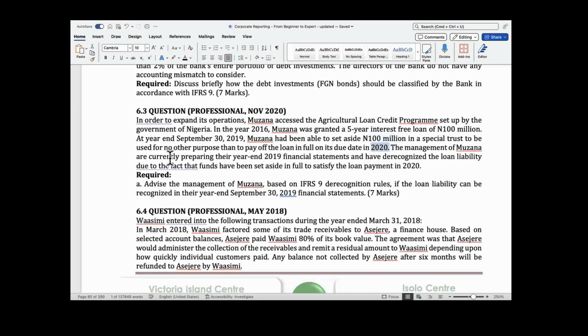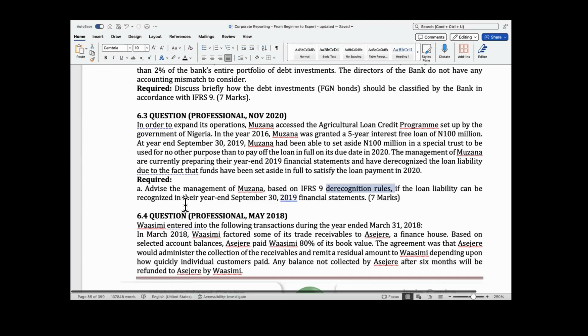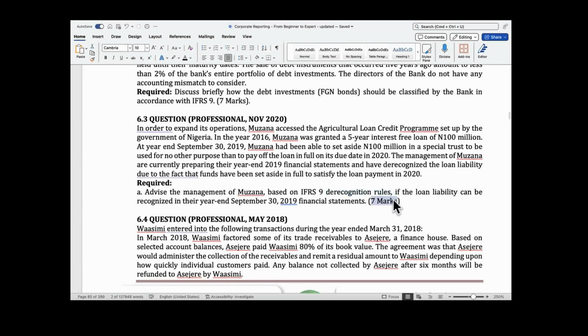The management of Muzana are currently preparing their year-end 2019 financial statement and have derecognized the loan liability due to the fact that funds have been set aside in full to satisfy the loan payment required in 2020. Advise the management of Muzana based on IFRS 9, the recognition rules, if the loan liability can be derecognized in the year ended September 30, 2019 financial statement. 7 marks.